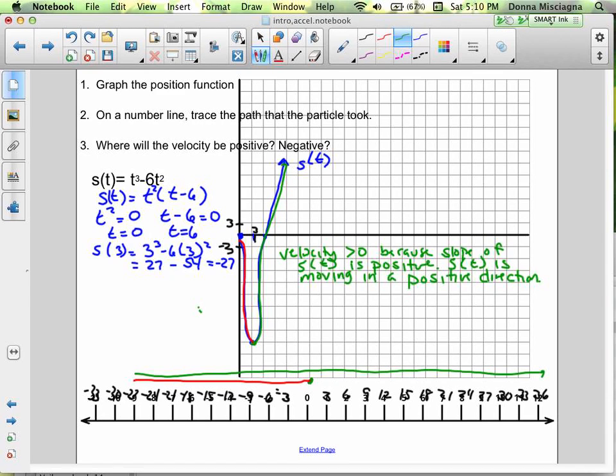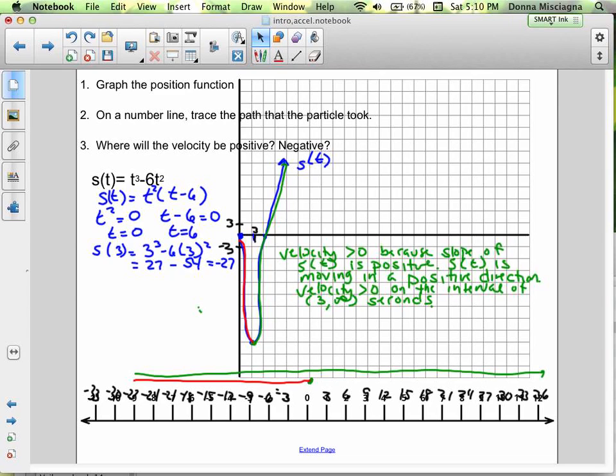So velocity is greater than 0 on the interval of 3 to forever seconds.